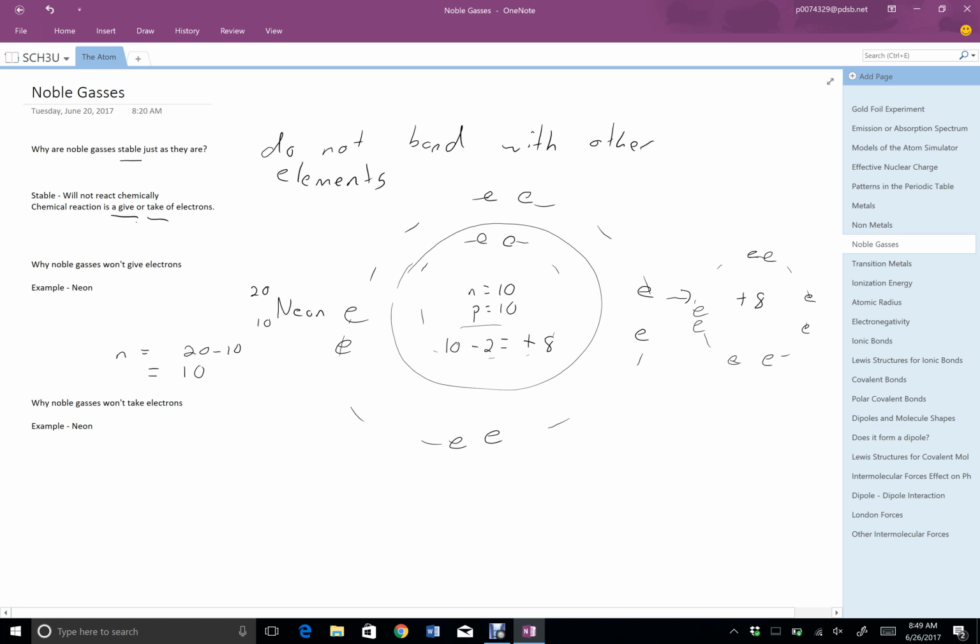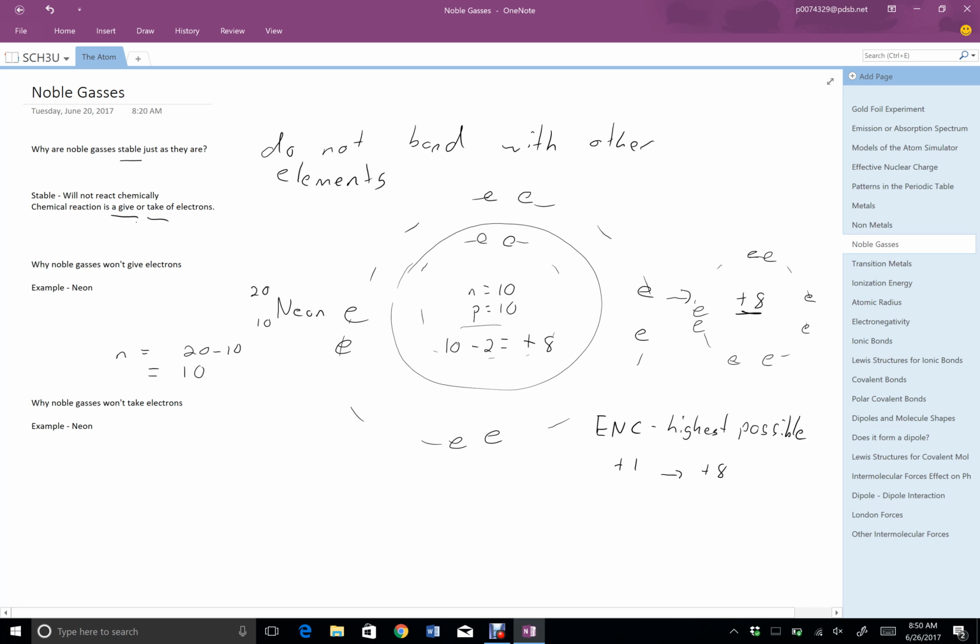So the simplest part of this problem is why it won't give up its electrons. If we see that it has 8 electrons sitting around a charge of plus 8, and we recall that effective nuclear charge has a range of plus 1 to plus 8, what we can see here is that we have the highest possible effective nuclear charge.